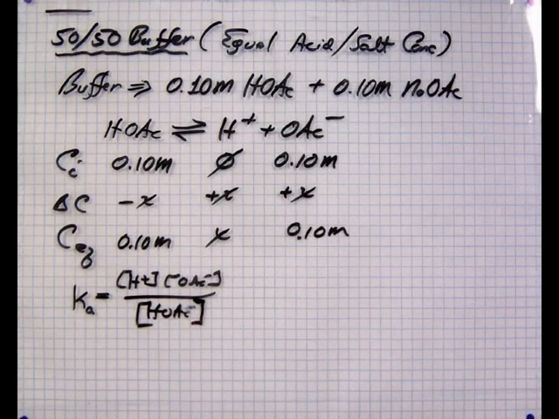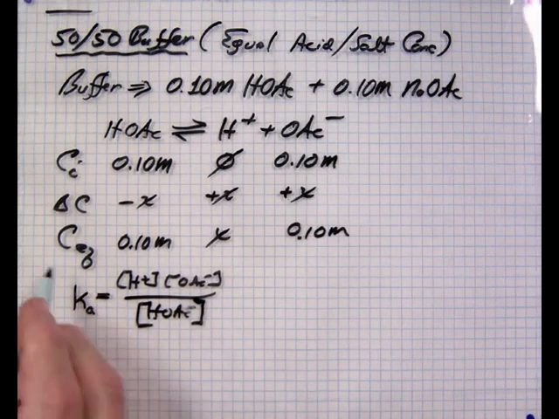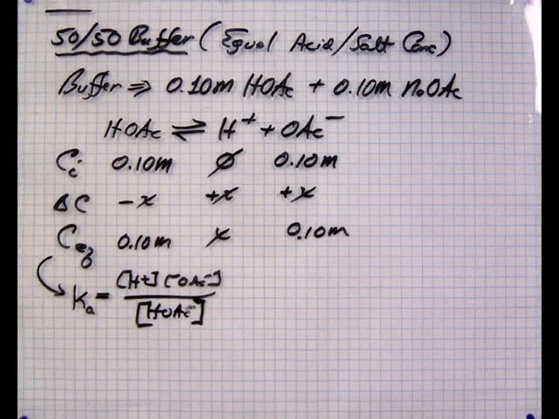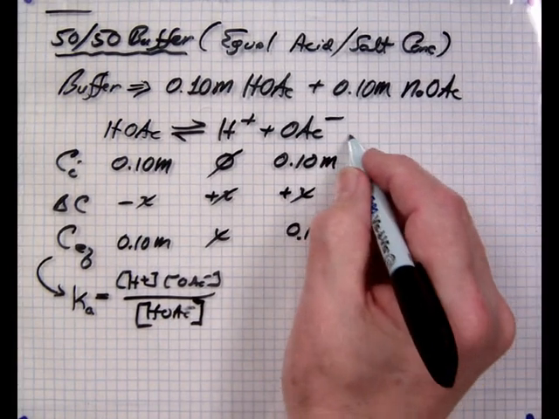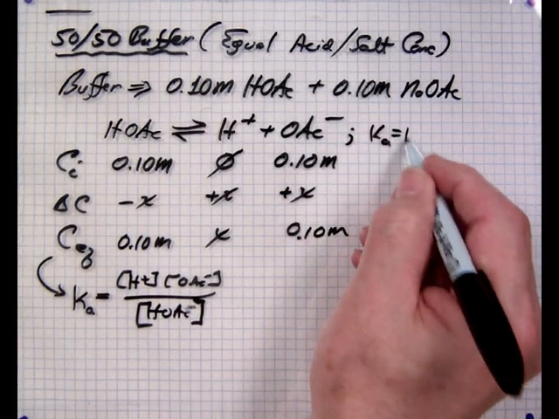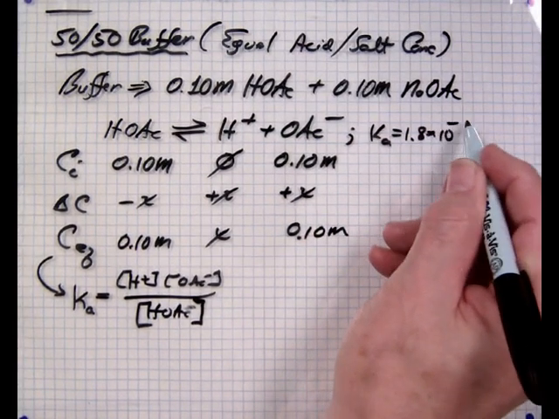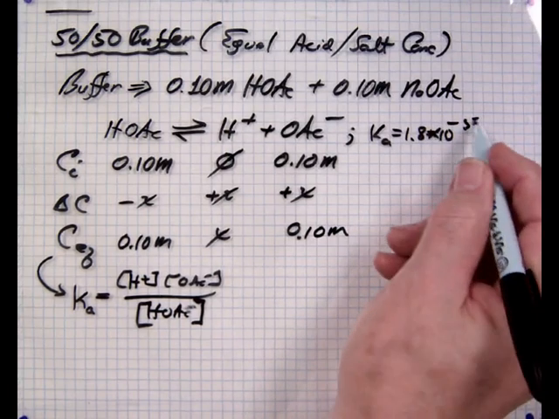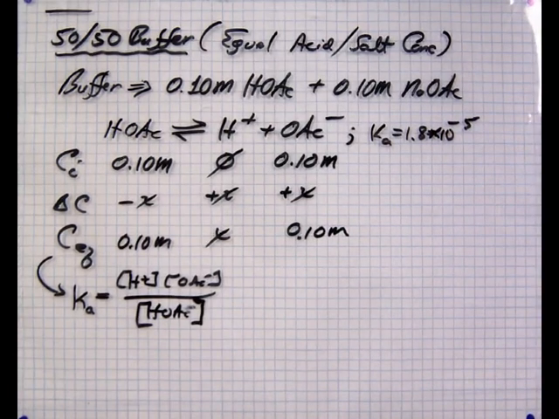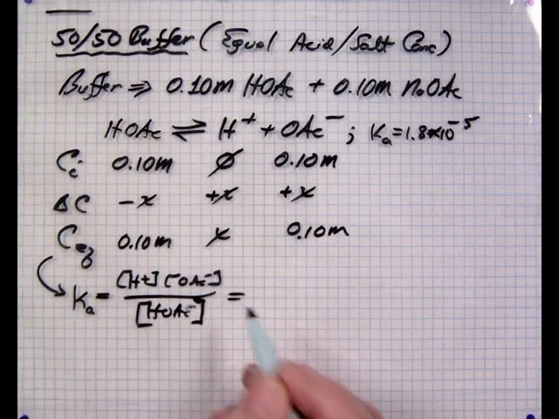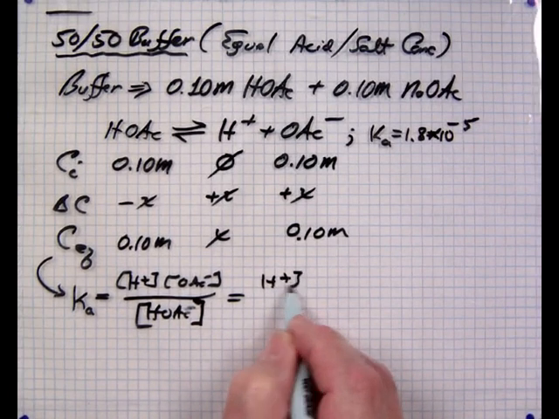What's unique about this is, when you substitute the equilibrium row in there, the Ka is 1.8 times 10 to the minus 5.